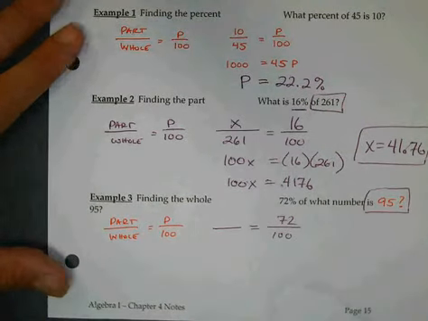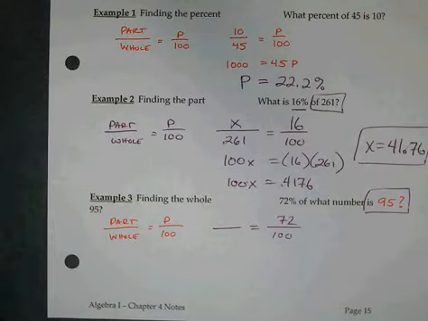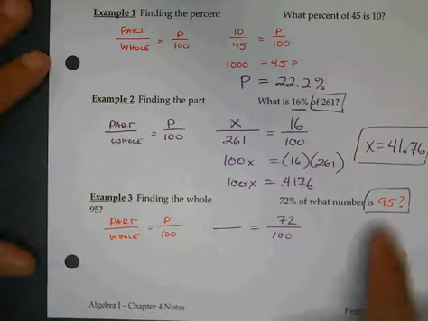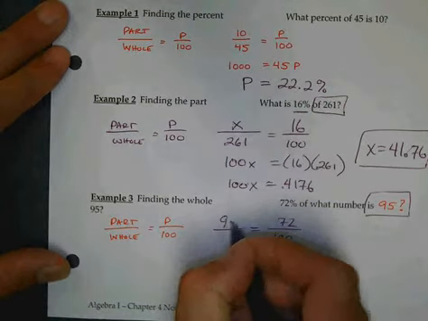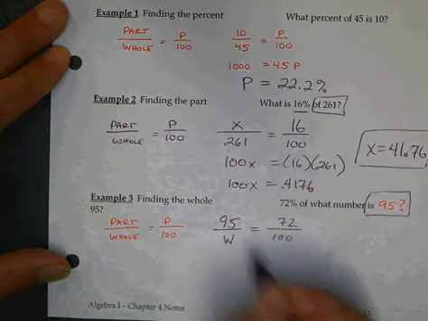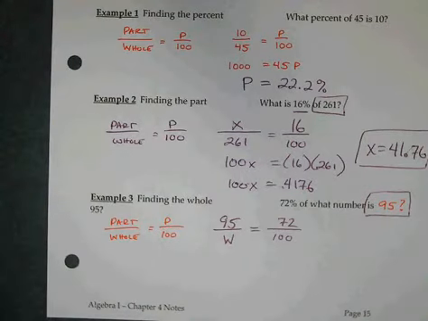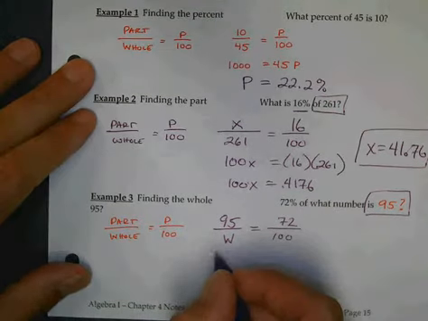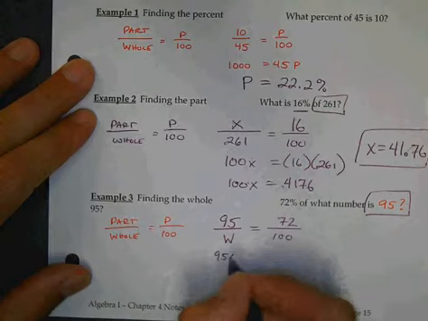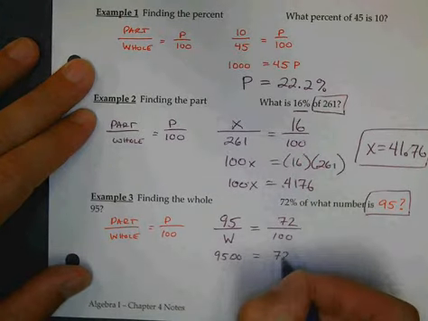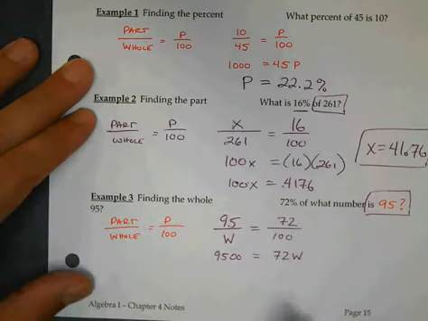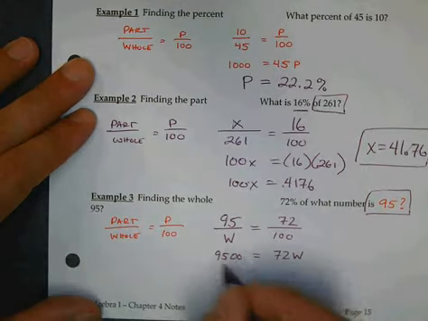Is 95. Is that the part or is that the whole? Why do you say? Yeah, it follows the word is. So 95. So I'm going to put W in for whole. 95 over W equals 72 over 100. Cross multiplying, 9,500 equals 72W. Someone divide for me?